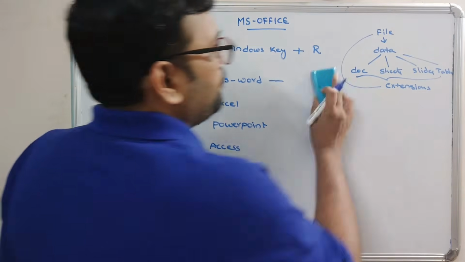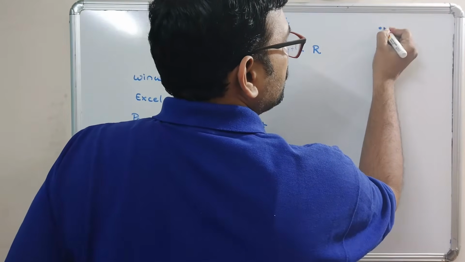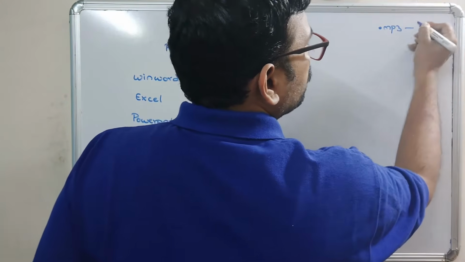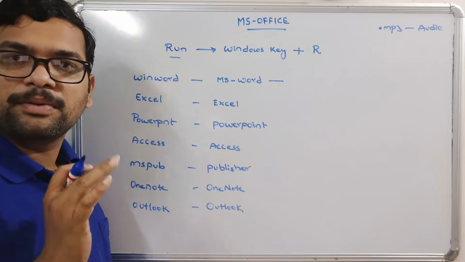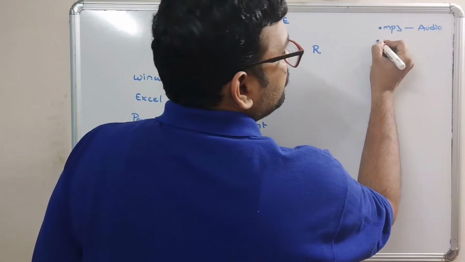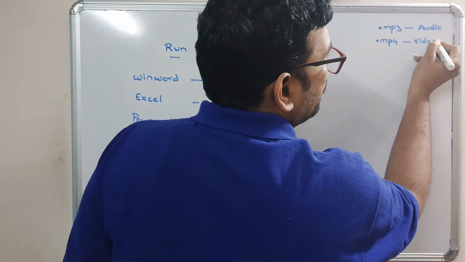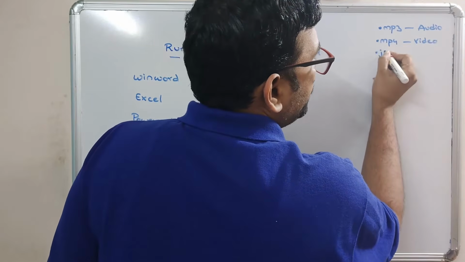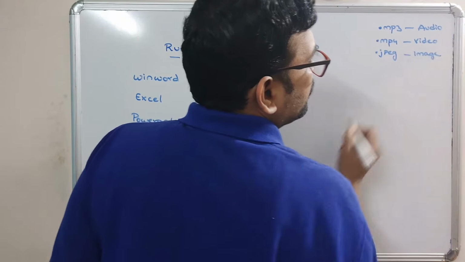For example, if the file has the extension .mp3, we know that this is an audio file. That means the file consists of audio data. Similarly, .mp4, we know that it's video data. Similarly, .jpeg is image content, right?